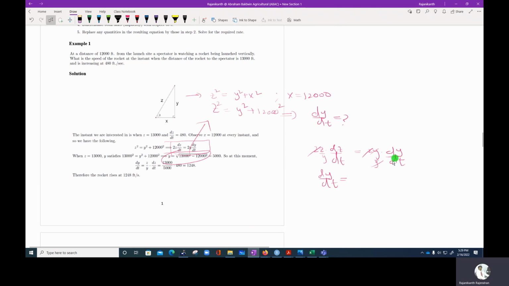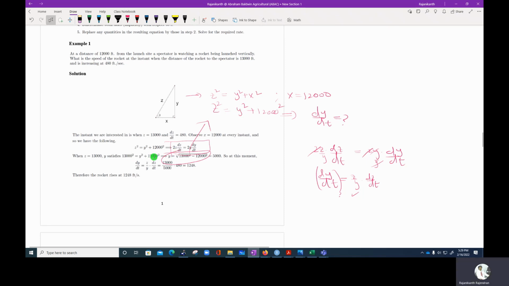So dy over dt is nothing but z over y times dz over dt, right? So now basically you need to find this. That's the question, when z is 13,000. When z is 13,000, you have to find y as well, right? How do you find that? Simply use this relationship between z and y.